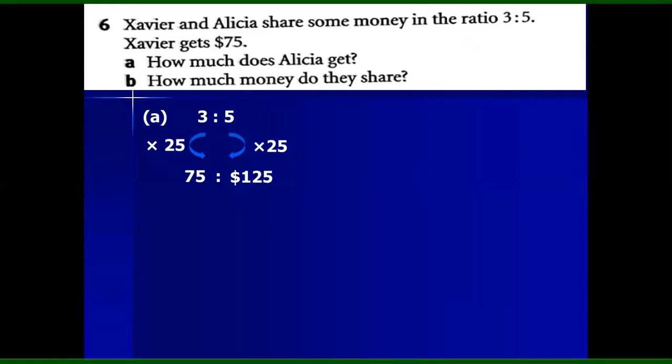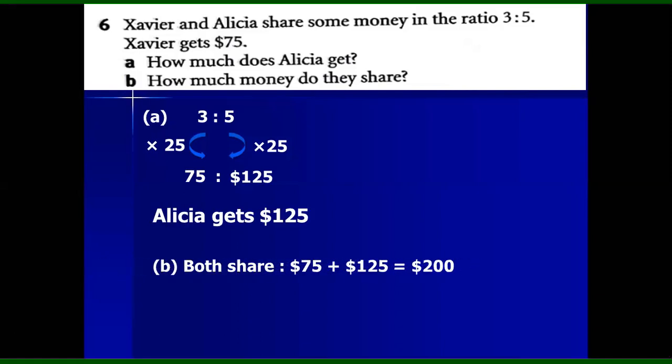I will add them together, so it's $200. Okay, Muhammad? Thank you.